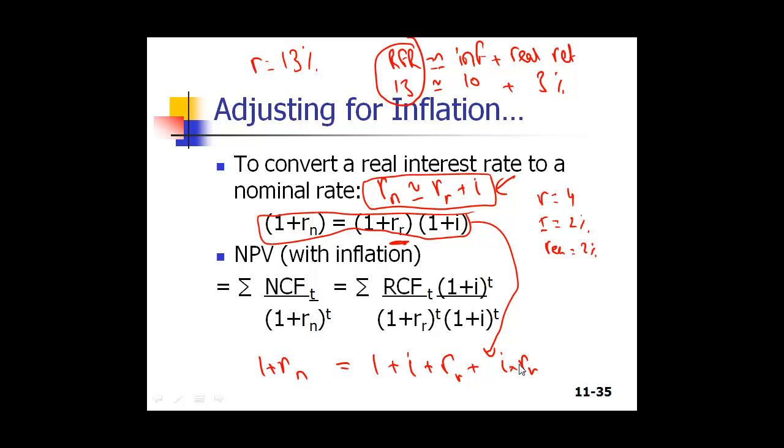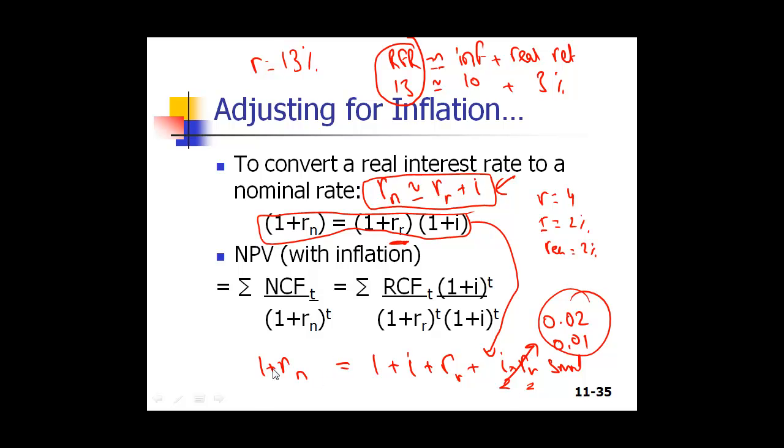Now in most countries inflation is relatively low. Inflation might be 2%, which is 0.02. The real return is also relatively small. It might be, say, 1%. So when you multiply these two numbers, you get something which is very small. As long as numbers are small, approximately this is 0.